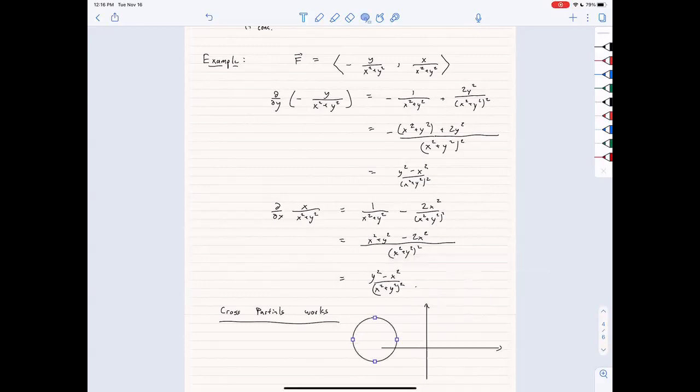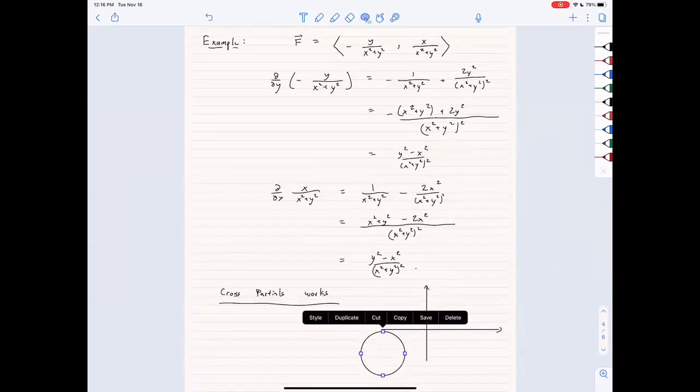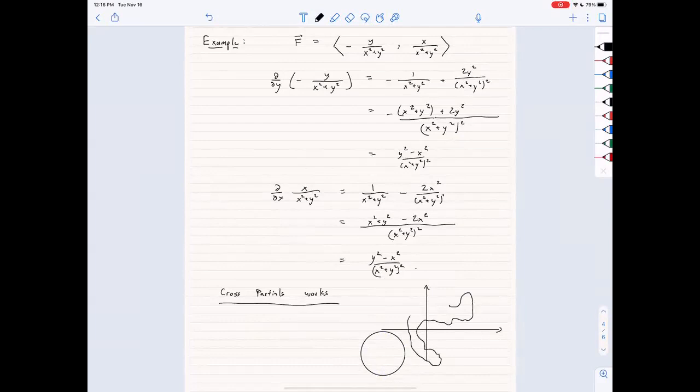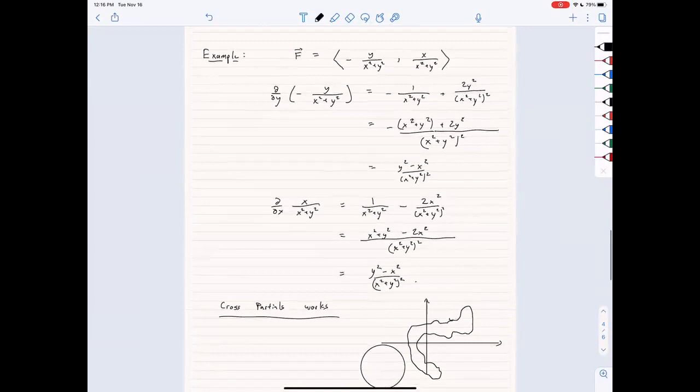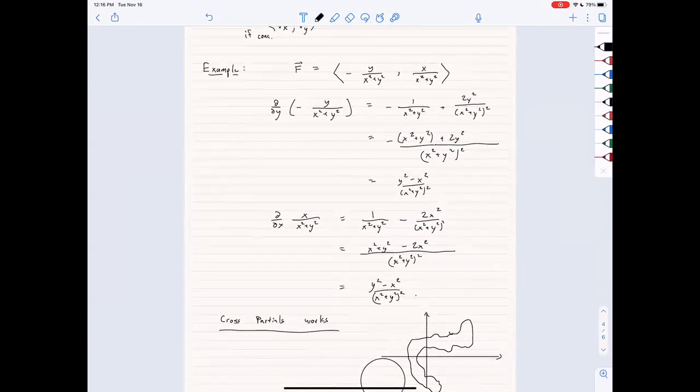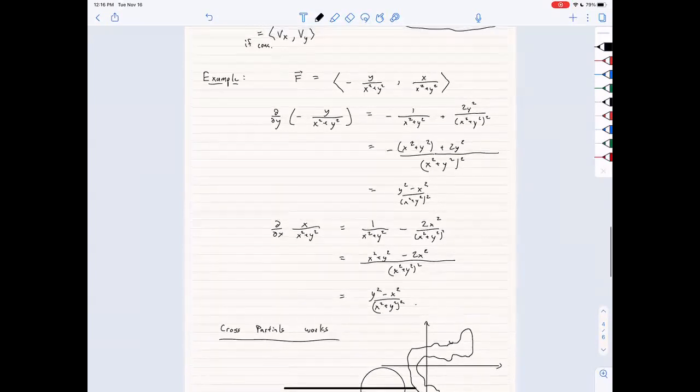If I take that circle over here and do the same thing, I'll get 0. If I take a curve just like this, and I integrate over that curve, I'll get 0. It's interesting. It seems to me like this vector field, at least from all this evidence, shows all the symptoms of being a conservative vector field.